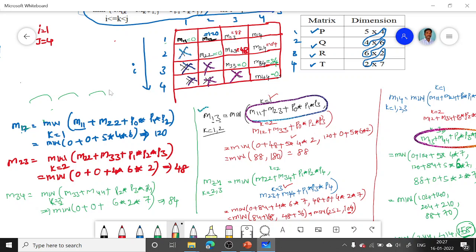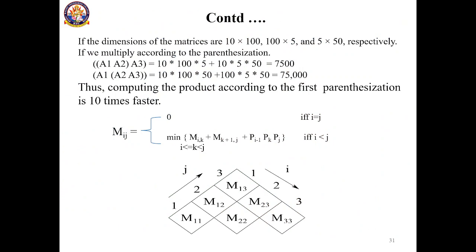Otherwise, if i is greater than j, then we have no right to calculate, because the multiplication follows the chain system. Okay, so this is the one example. All of you do it as homework and find the possibilities.